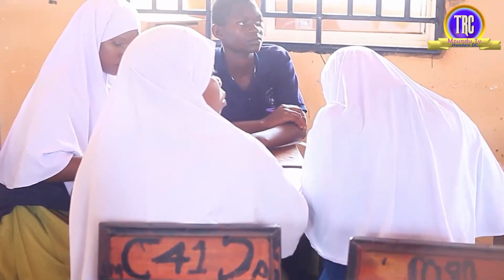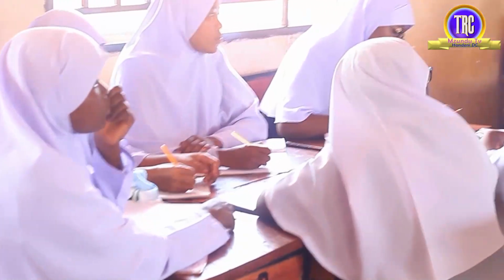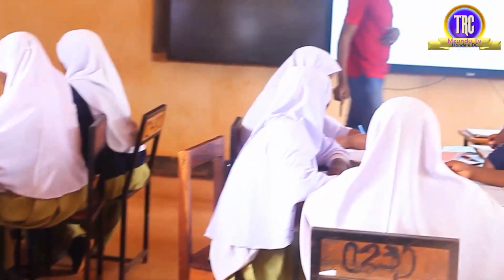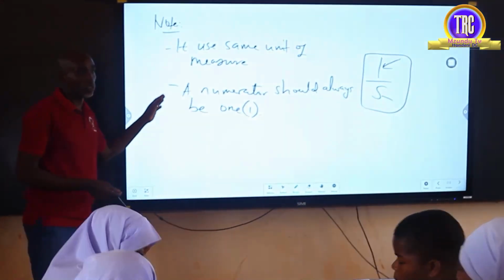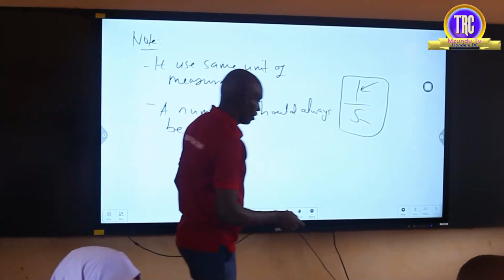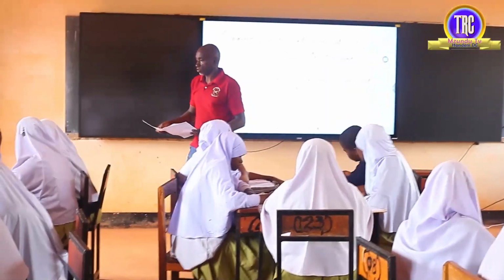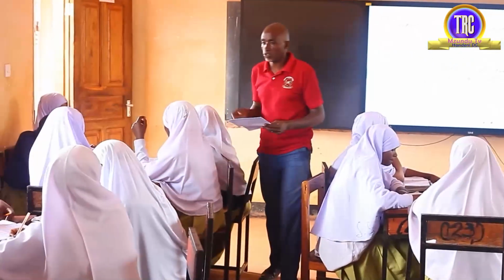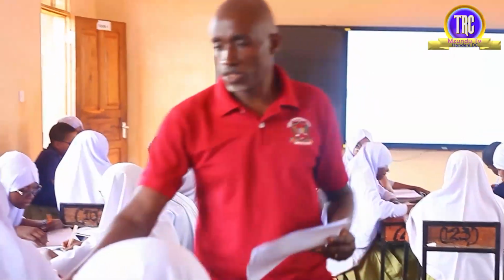For example, when you say 1 to 5, this is the numerator that we are talking about, and this is the denominator. So for a gradient, the numerator should always be 1. That is a very important thing to note. So you have to observe that map.